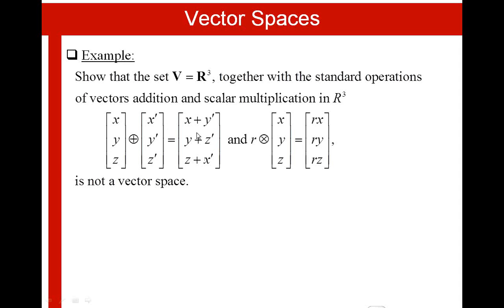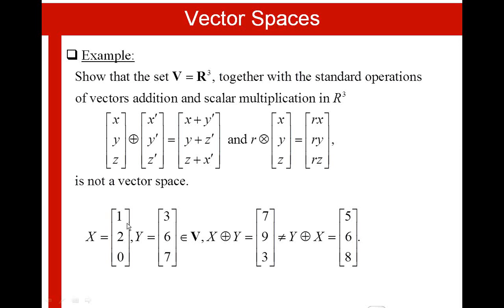It's not a normal addition of two vectors. The sum is (x plus y prime, y plus z prime, and lastly z plus x prime). And if you do multiplication by a real number, we have r times (x, y, z) equal to (rx, ry, rz).